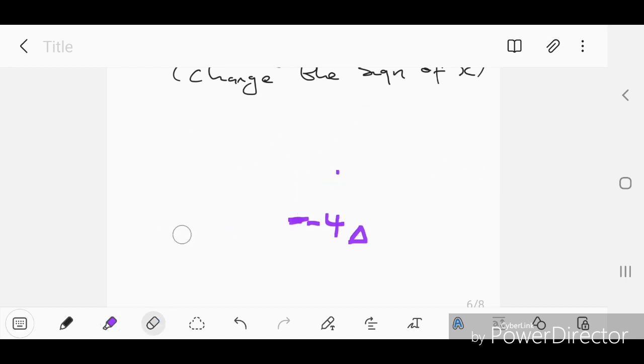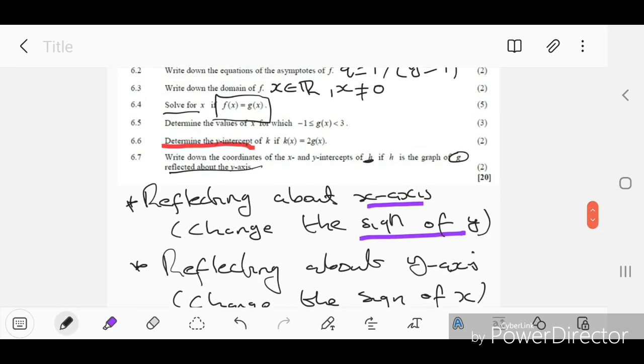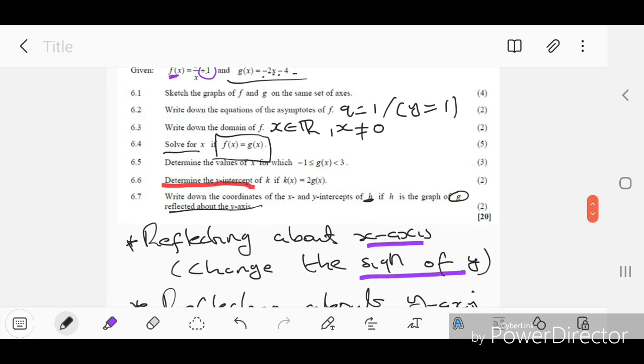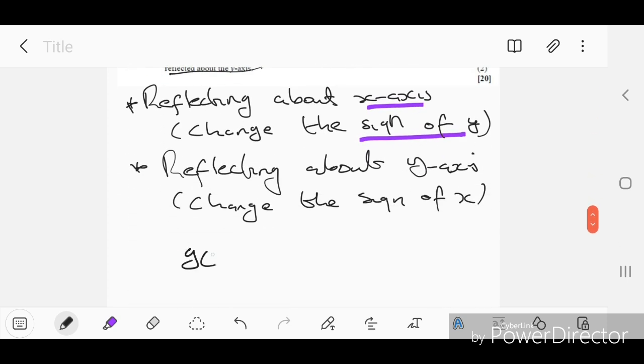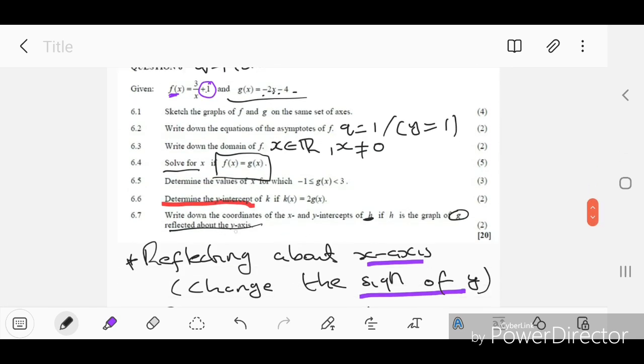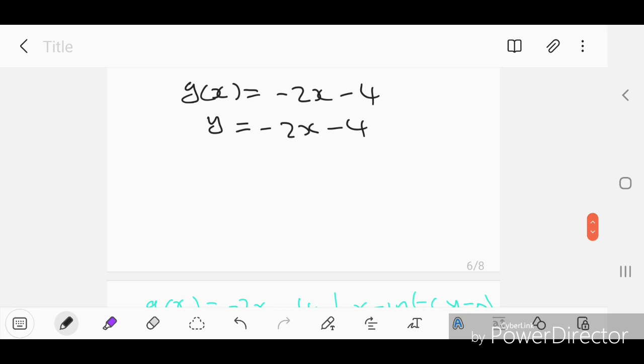So now, to answer the question asked, they are saying g is reflected about the y-axis. So we change the sign of the x. So this is g of x equals minus 2x minus 4. So this is the same as y equals minus 2x minus 4. So if it's reflected about the y-axis, we change the sign of the x.